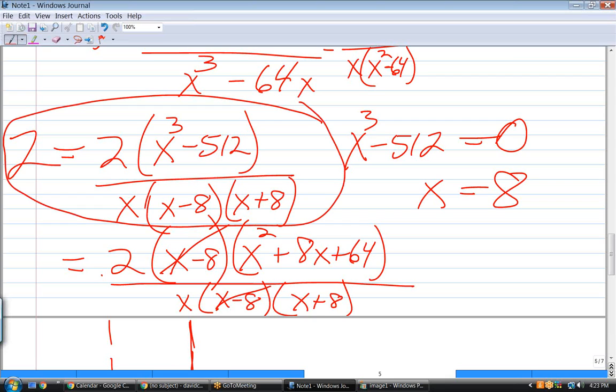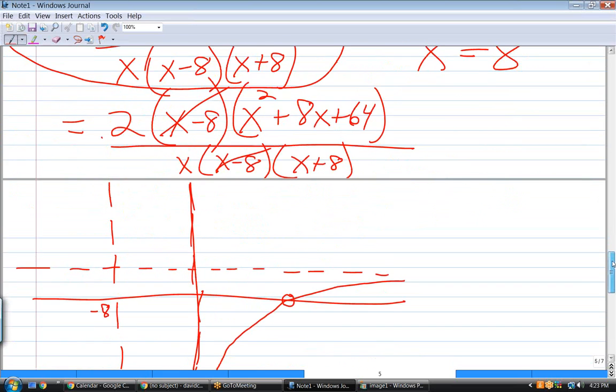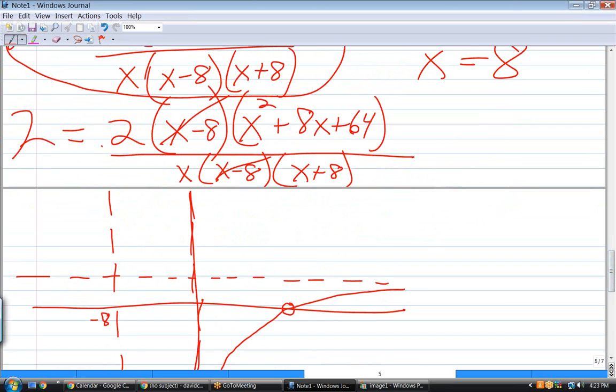You think for a moment. Well, what I really need to solve is this equation. It's a little simpler. I can divide both sides by 2. So now it has to be equal to 1. What that means is that the numerator has to be equal to the denominator.